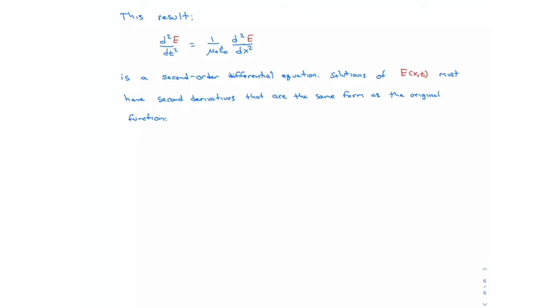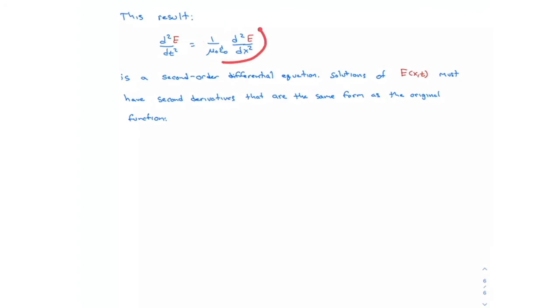Okay, so what we want is to guess what the electric field must look like. Because we can take the derivative with respect to x, and we get the same thing as when we take the derivative with respect to t, or when we take the second derivative, what we need is an expression where when we take the second derivative, we get something that's proportional to itself.